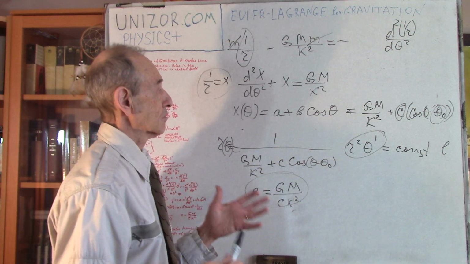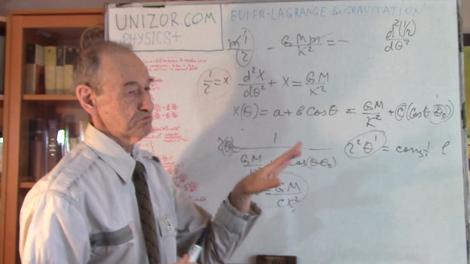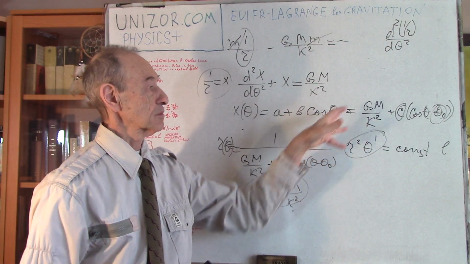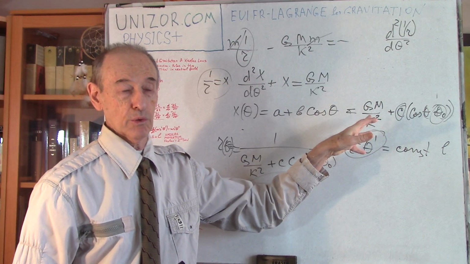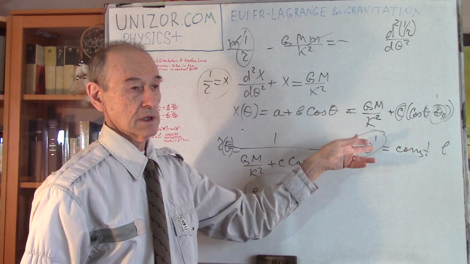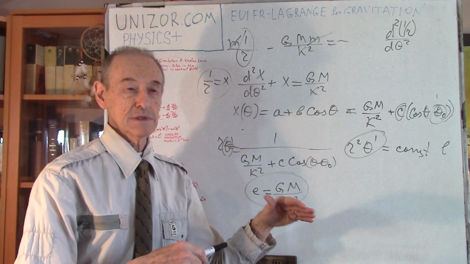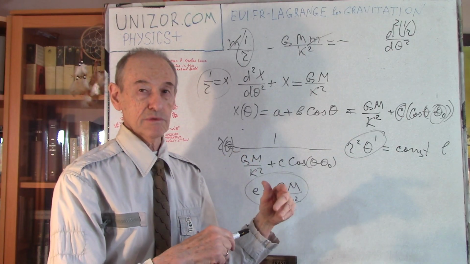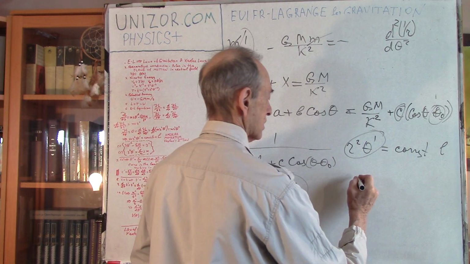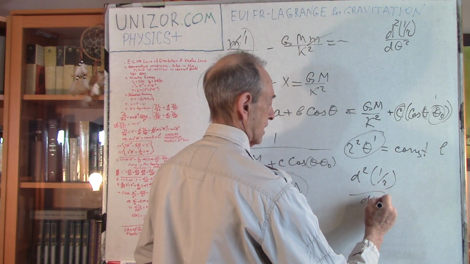So everything was derived. Now what was difficult here, these purely technical manipulation of the system of two Euler-Lagrange equations, I reduced it to one with second derivative of r by time, and then I had expressed the second derivative of r by time with second derivative of 1 over r by theta.